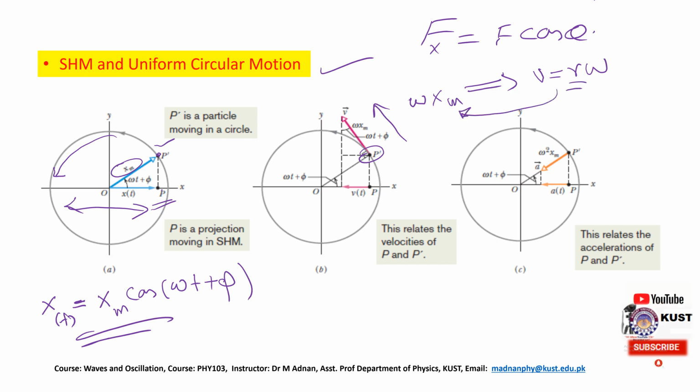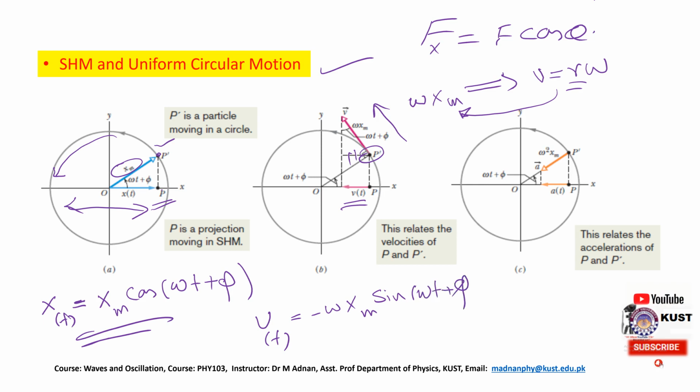So here we have xm being the radius, so we have this omega xm. Again, the x component of the velocity is the vector times sine theta, but here we have omega t plus phi.